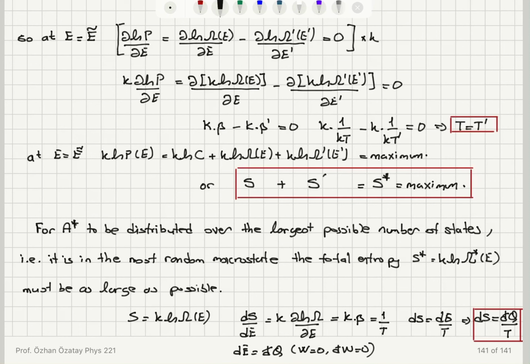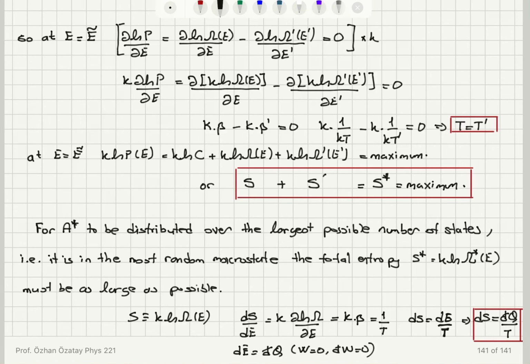And if you go back to S equals k ln omega, this is the definition of entropy here. Take the derivative of S with respect to energy E. You have k del ln omega del E. It's k times beta, which is 1 over T. So dS is equal to dE divided by absolute temperature T. Now what is dE?